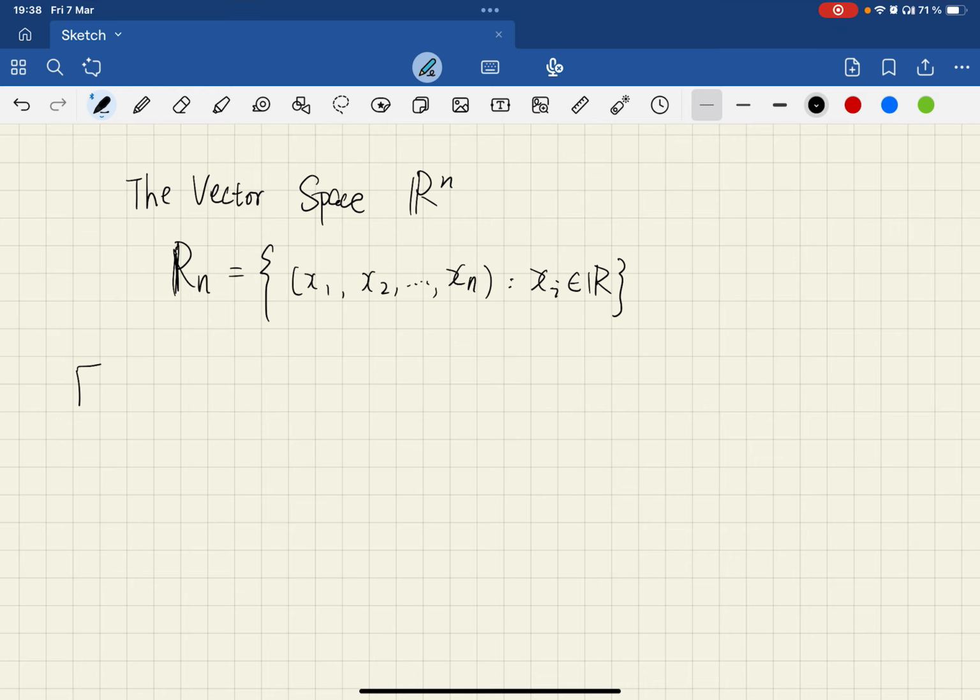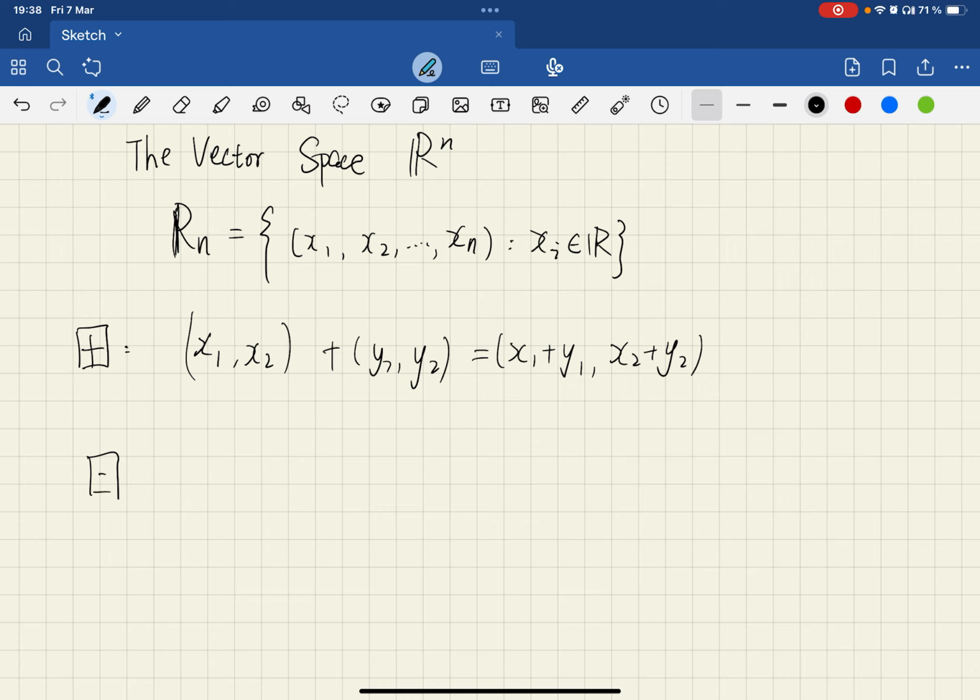So you may ask, what is the addition operation? It is (x1, x2) plus (y1, y2) equals (x1 plus y1, x2 plus y2).